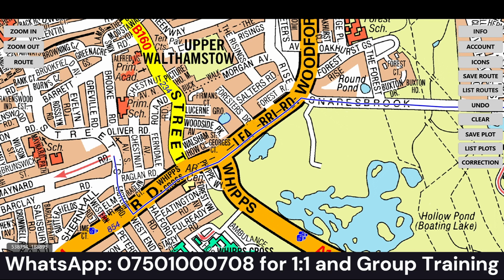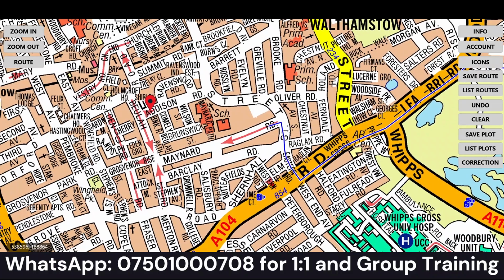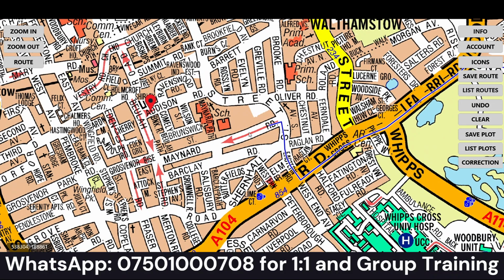And from here you can see that this is one way, so we can get in here. So this is where our point is. So we can go straight from here. Straight. So here you can see we can't go up here because of the one way. From here we couldn't go here either because that's also a one-way street.